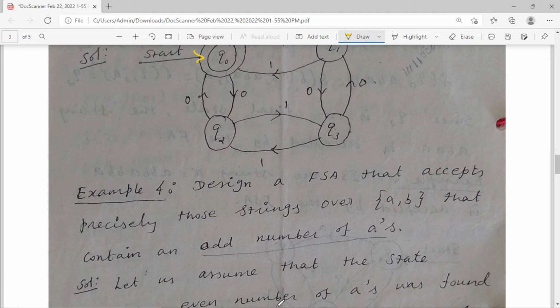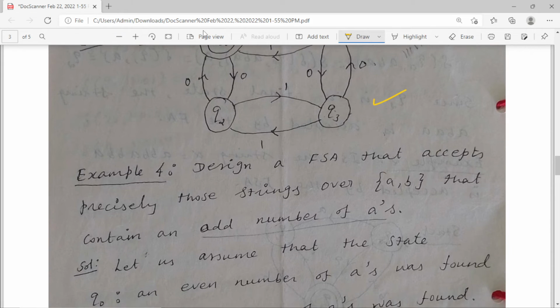Even number of zeros means we have to draw 2 arrows. One from Q2 to Q3, then again it reads the same one and comes back to Q2, like that. So this FSA accepts all strings which consist of an even number of zeros and an even number of ones.